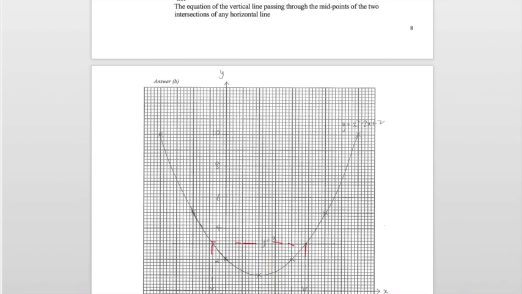Okay, so if you read correctly, there are two x values. One of them is x is negative 0.4, and the other value is x is 2.4. The least value of y is the lowest point, and this is 1.